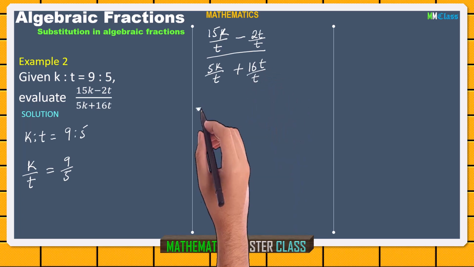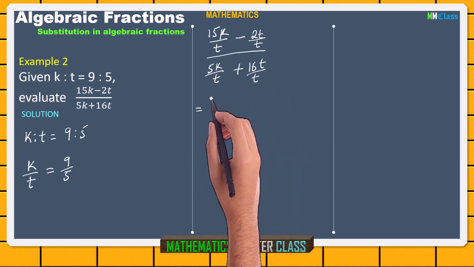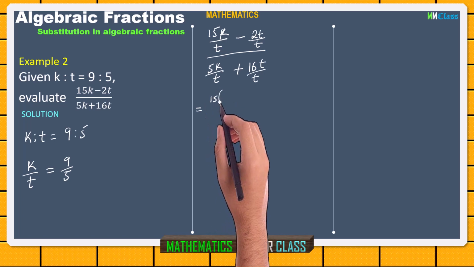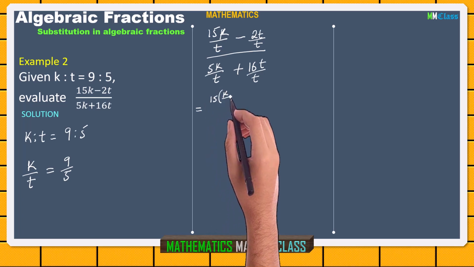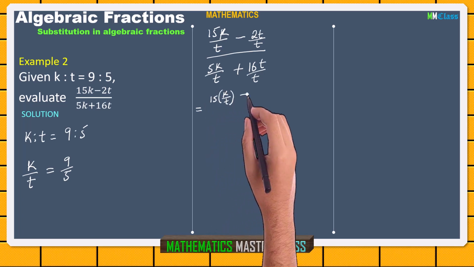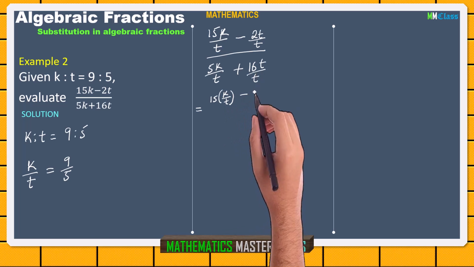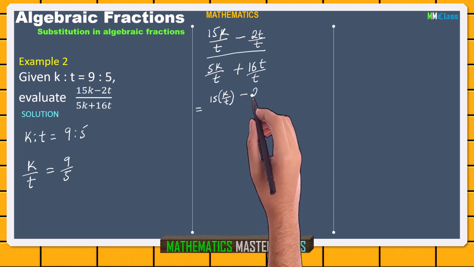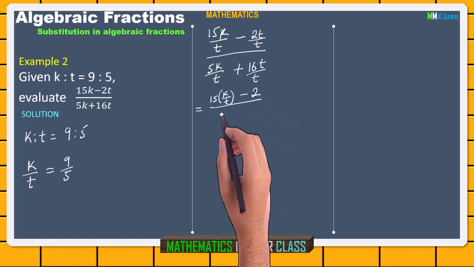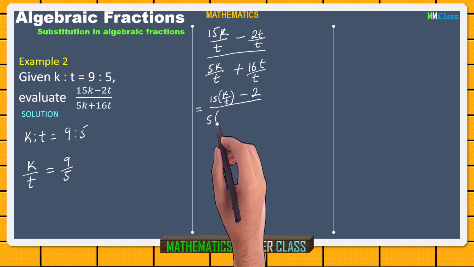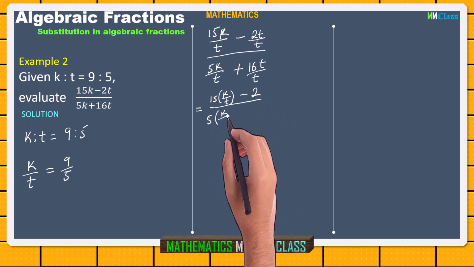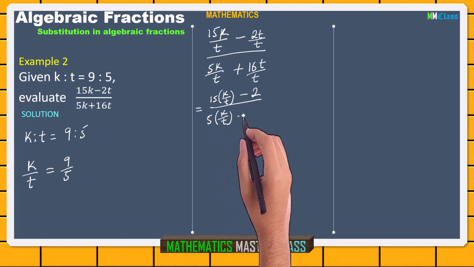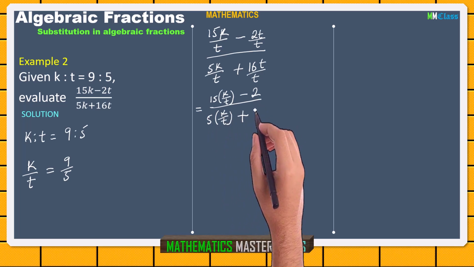This will be equal to 5 k over t minus 2, since t cancels out t there, all over 5 again, then k over t plus 16, since t cancels out t there.